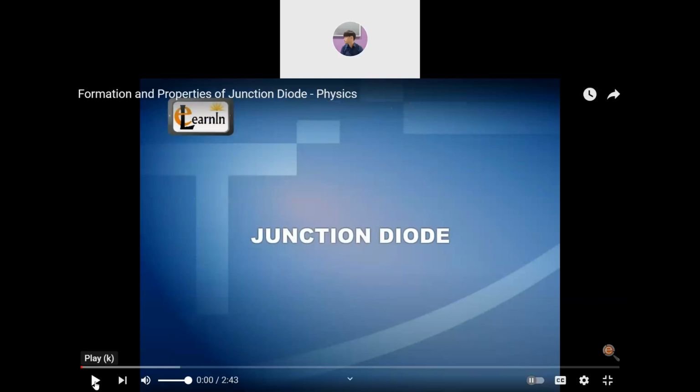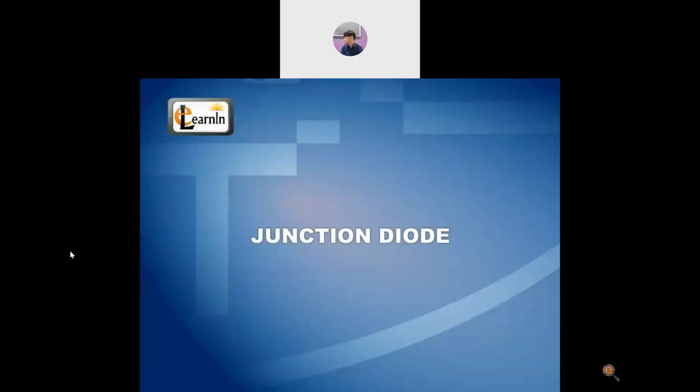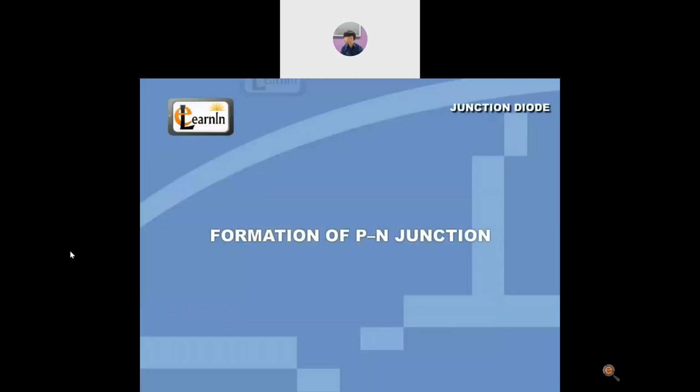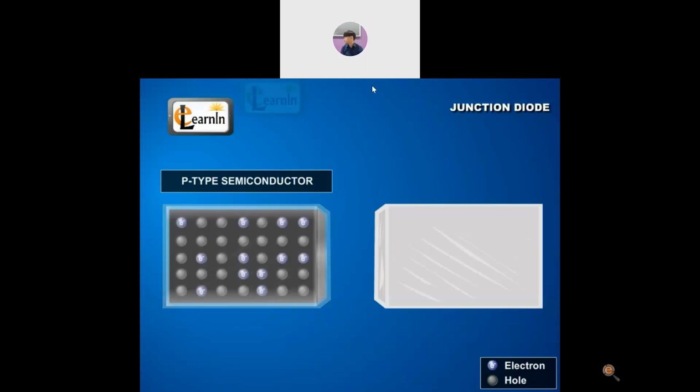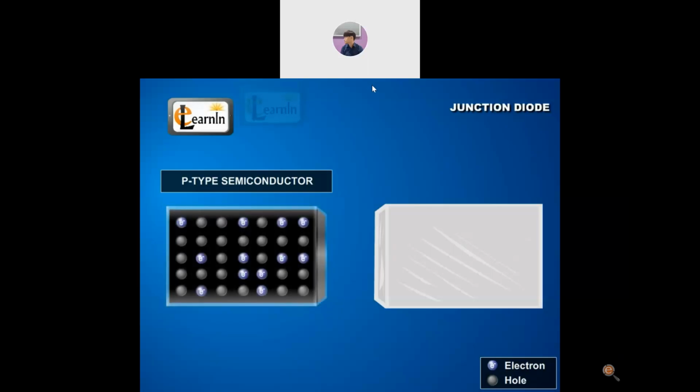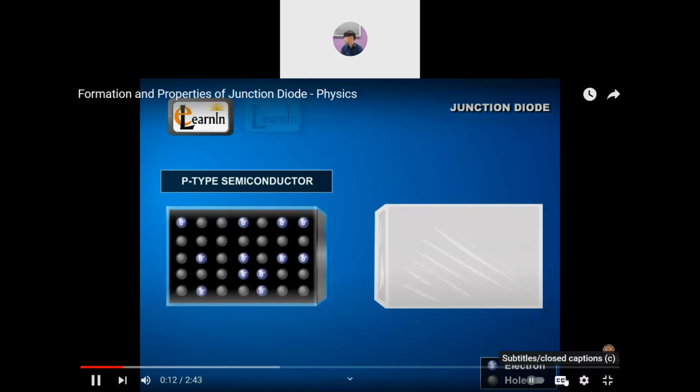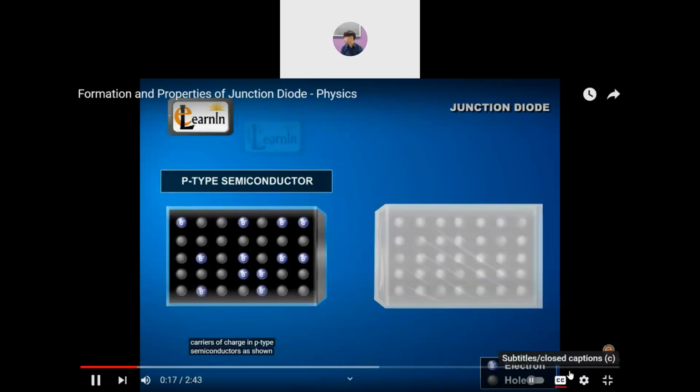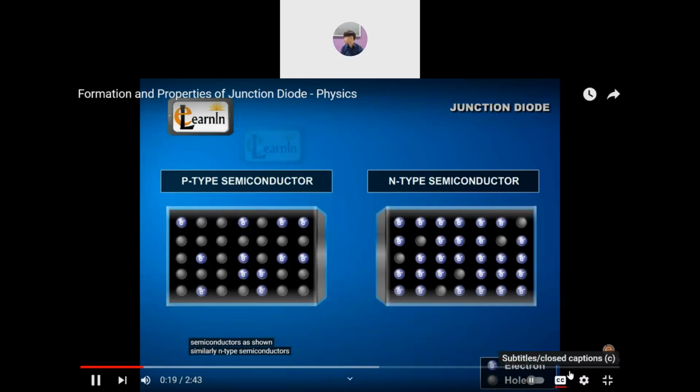Junction diode, properties and uses. Formation of the p-n junction. The p-type semiconductor has an excess number of holes. Therefore, holes are the majority carriers of charge in p-type semiconductors, as shown. Similarly, n-type semiconductor has an excess number of electrons.